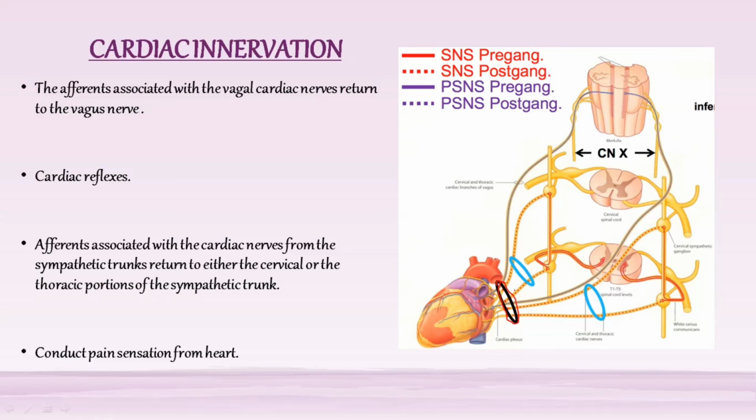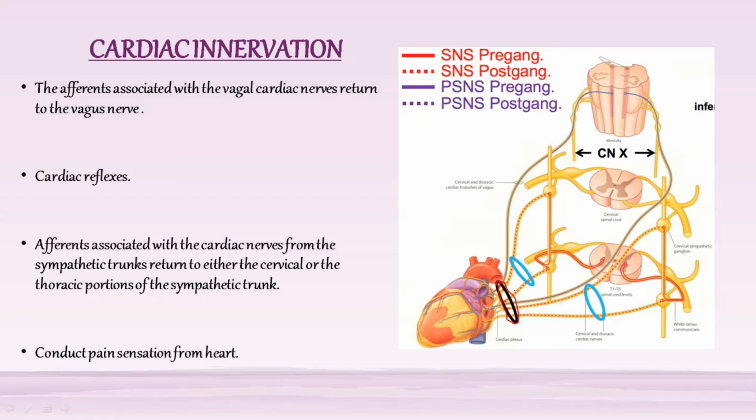Now, what do you mean by cardiac reflexes? The cardiac reflexes are basically the fast acting reflex loops present between the cardiovascular system and the central nervous system. These cardiac reflexes contribute to the maintenance of cardiovascular homeostasis, of the heart and blood vessels.